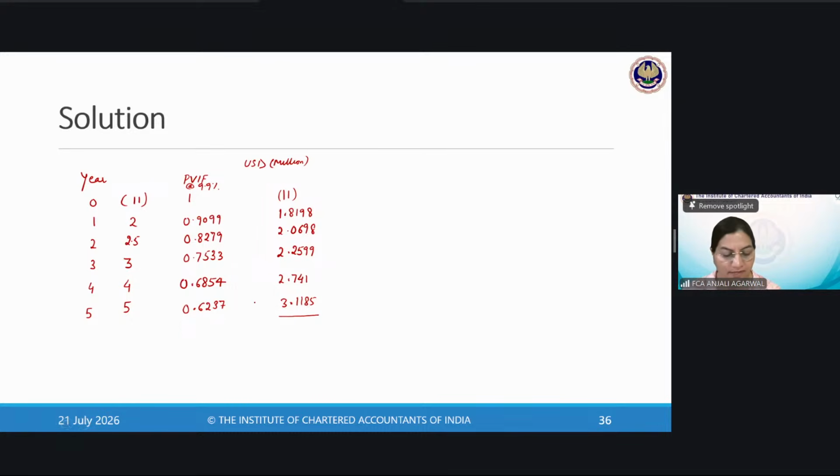So when you add up all this, you find that the NPV is 12.009 minus 11. So NPV is positive, plus 1.009. Therefore, the project must be accepted as per the NPV criteria.